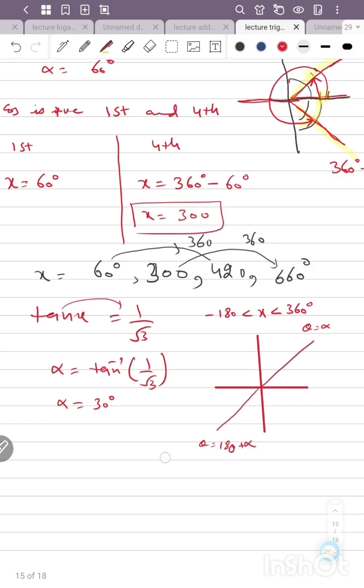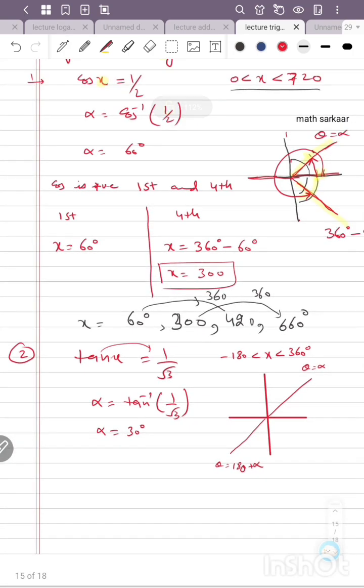Our first answer if we start from here is 30 degrees, and moving forward we get 180 plus 30, which is 210. But when we look at this interval, there is minus 180.